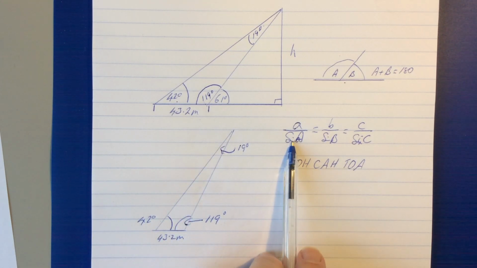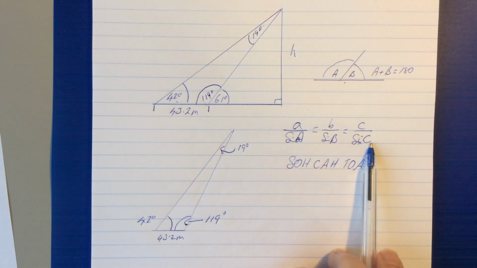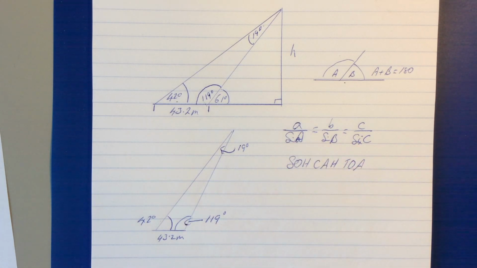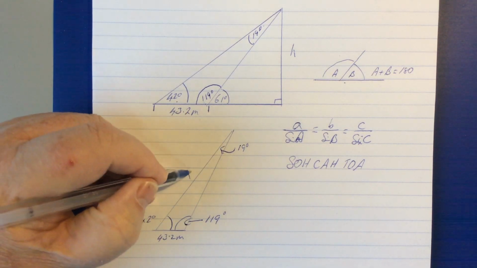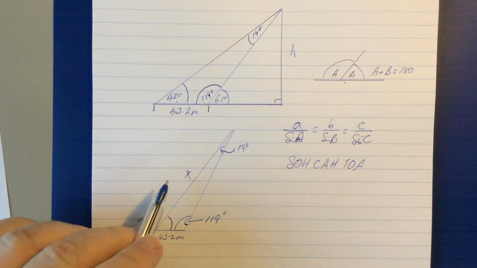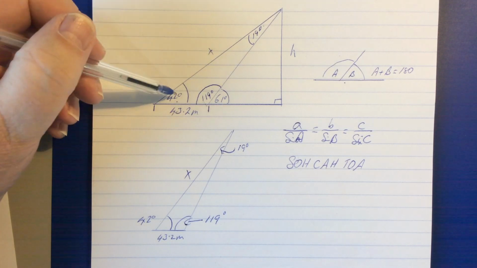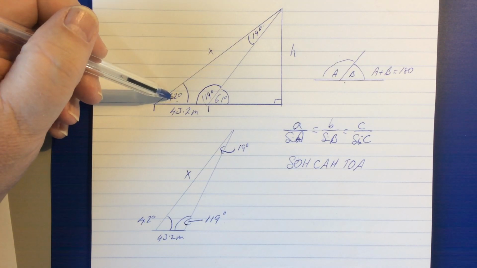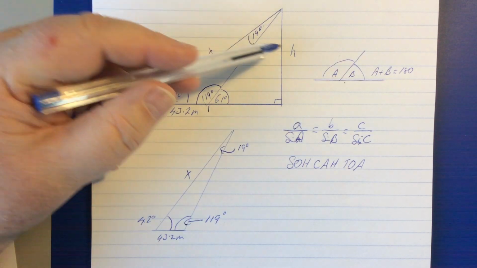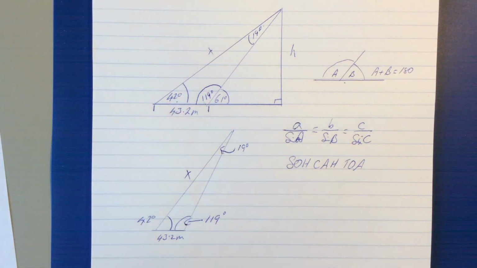Initially we're going to use the sine rule to discover that length. And when we have that length, which is this here, we can use this angle and this length to find that. Okay, so let's get to work.